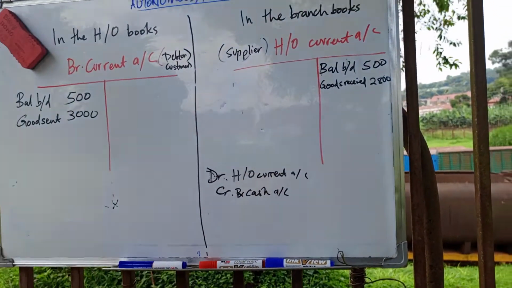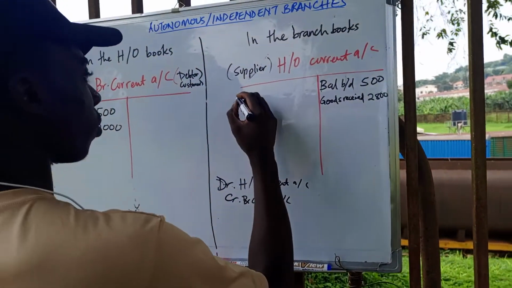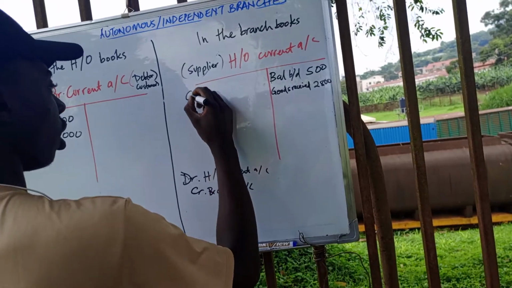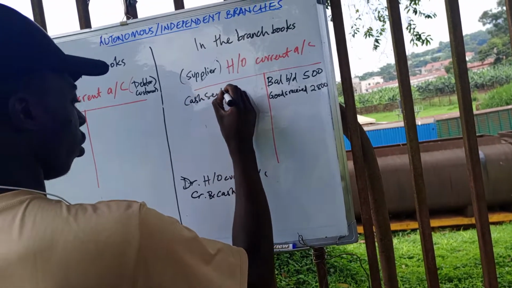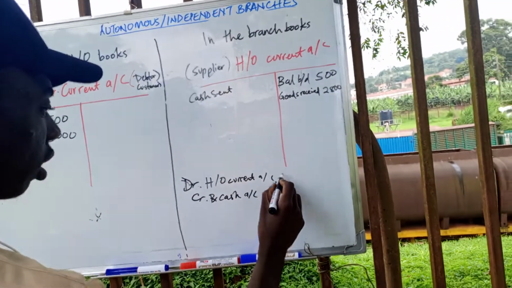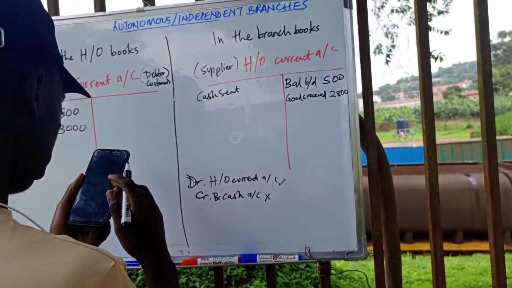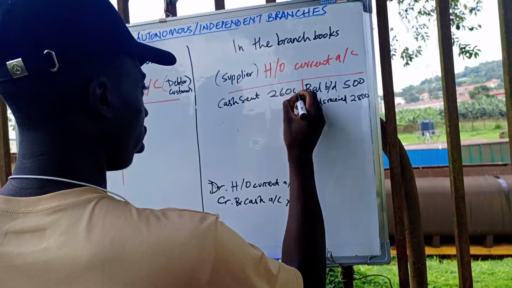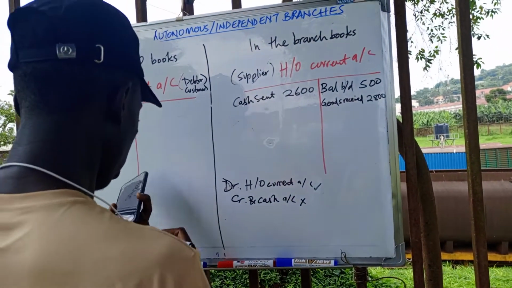So this account must be debited with cash sent. So this is the head office current account. Of course, they haven't asked you for the branch cash account, but this one was asked. So you ignore that and pass this entry. So cash sent is equivalent to 2,600.